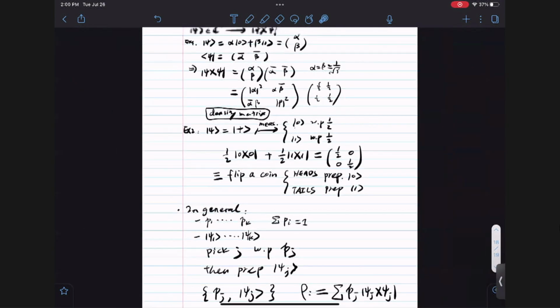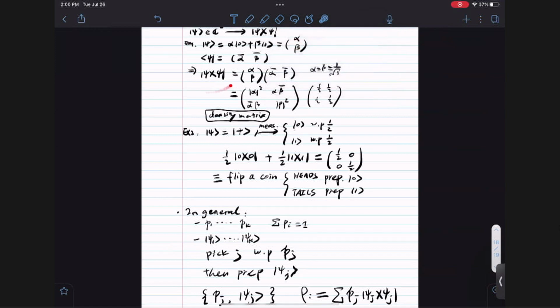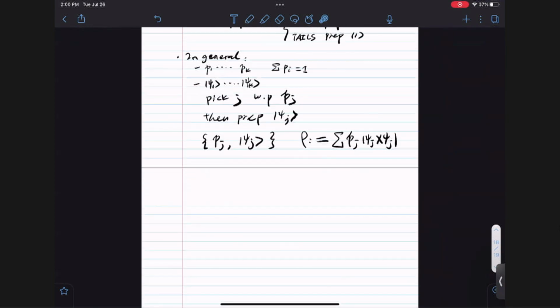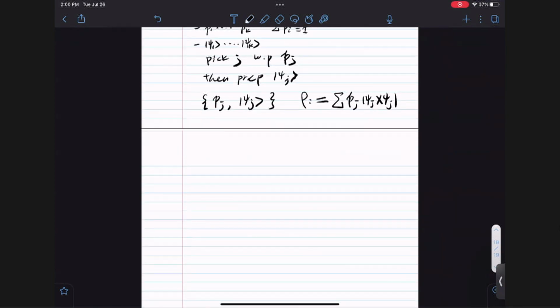Now, let's go back to these first two examples. As we can see, there is a difference. In the first one, there's just one single component, coming from the state psi. In example 2, it actually has 2 possible components. And this is a qualitative difference.